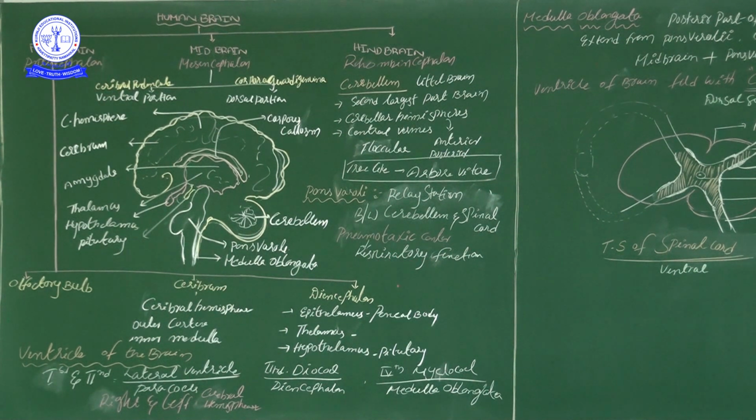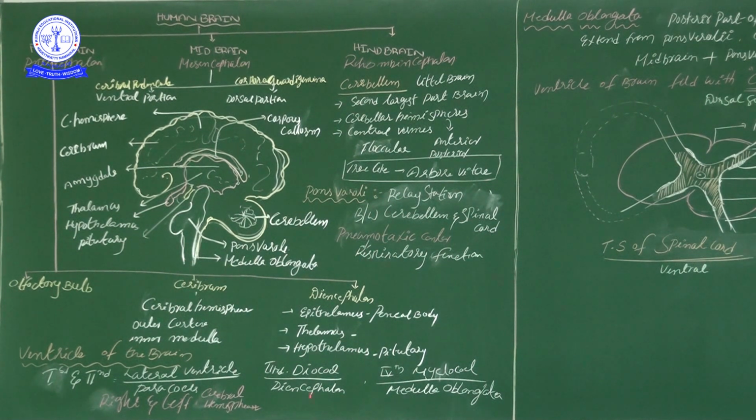Our deep breathing, whether the depth of inspiration should increase or decrease, is all under the control of the pneumotaxic center. It is an autonomous nervous system; they control themselves. So the pneumotaxic center controls respiratory rhythmic function.